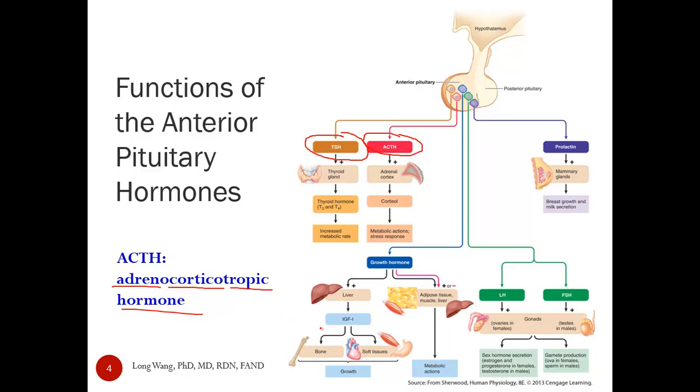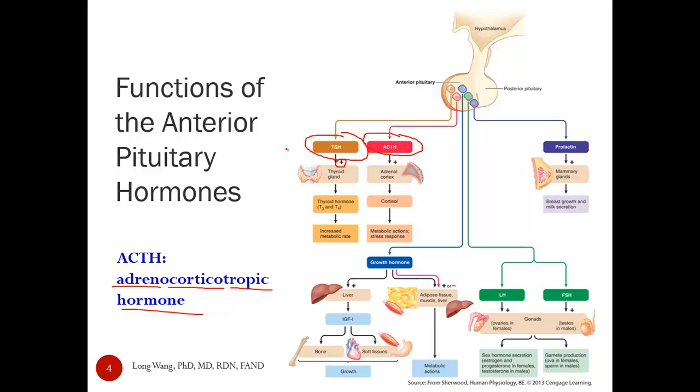So let's look at the TSH, thyroid stimulating hormone. Its function is to stimulate the thyroid, as the name indicates. And we know thyroid gland is responsible for secreting T3, T4, those thyroid hormones. And T3 and T4 are important hormones that regulate metabolic rate. So as we can see, the hormones from the anterior pituitary are really at a higher position in the hierarchy of hormones.